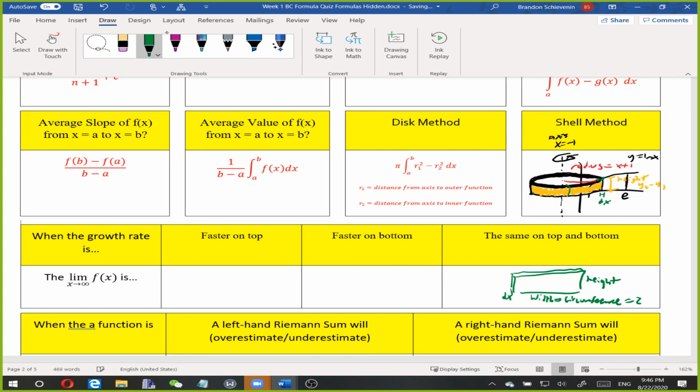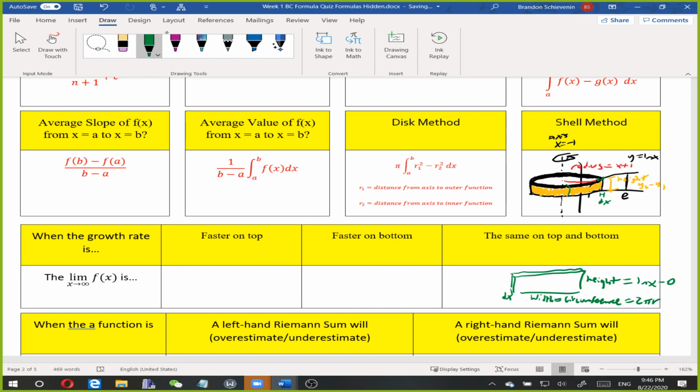My circumference is 2 pi r. My height is my difference in my y values, which for us is natural log x minus 0. My change in x is infinitely small dx. My radius we said is x plus 1, so I can substitute that in here, and we would get our general equation.